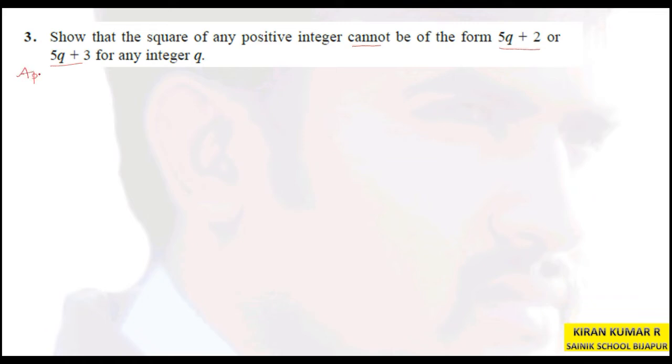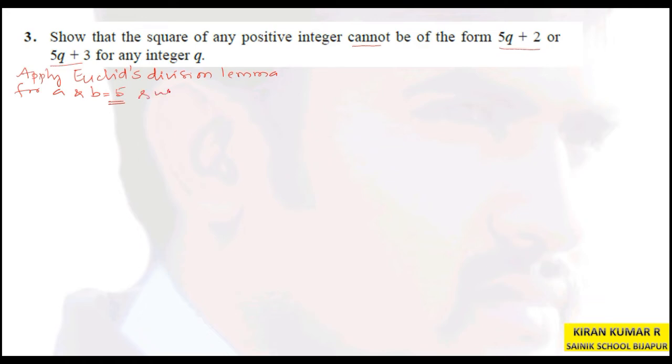Apply Euclid's division lemma for a and b equal to 5. Since they have asked 5q plus 2, 5q plus 3, I am taking the value of b as 5.